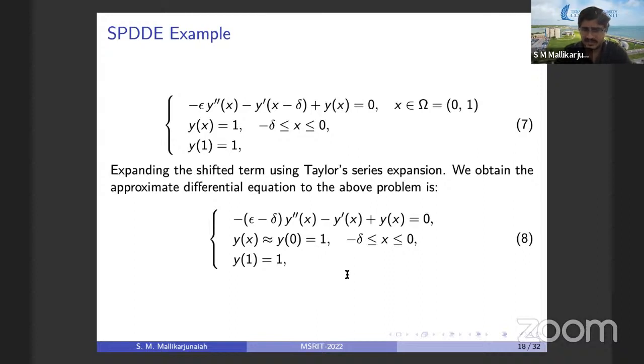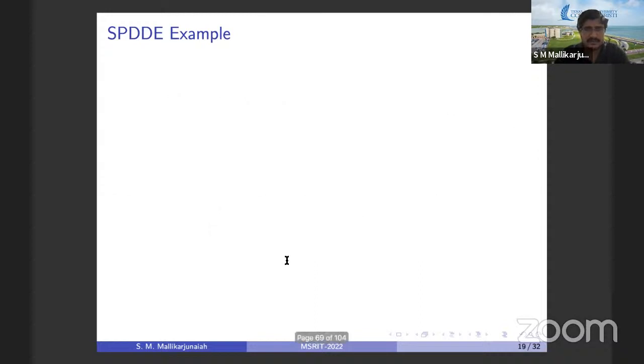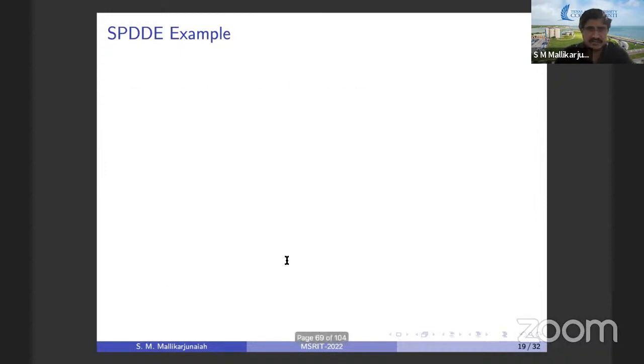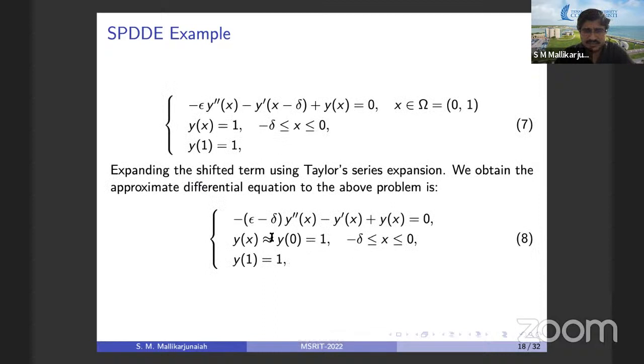Good. Now the goal is to find the approximate solution to equation 8 using our neural network. What we were saying before, clearly this is layer behavior at x equal to 0. If you look at the first boundary condition, it's clear that there is layered behavior at x equal to 0.